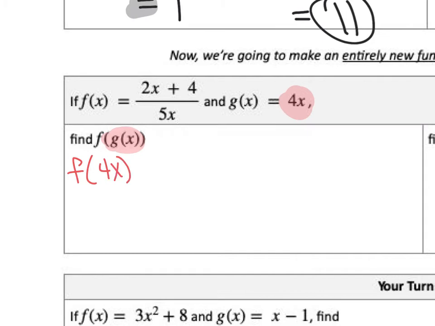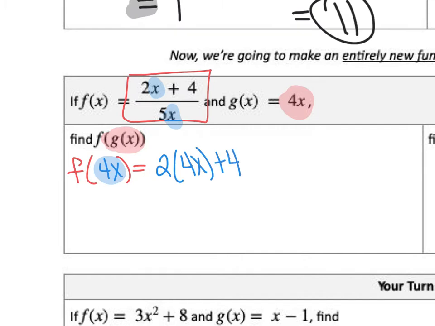which means using my f of x function, anywhere that I see an x, I'm going to take it out and put 4x in its place, which means I would have 2 times 4x plus 4 over 5 times 4x.